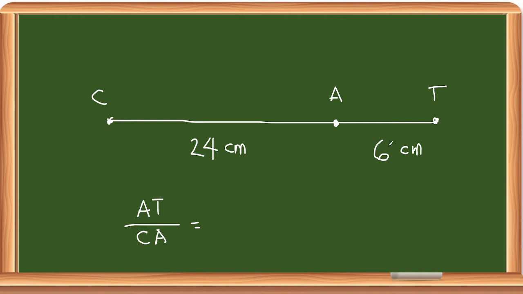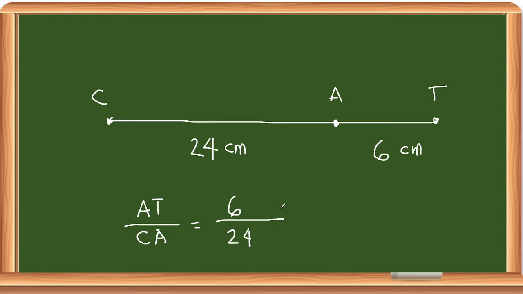Since it is given that the measurement of AT is 6 centimeter, and the measurement of CA is 24 centimeter, you may disregard the unit now since nalaman mo naman they have the same unit. You can cancel that out because we're only looking for the ratio. So, i-cancel natin yan. So, we have 6 over 24.